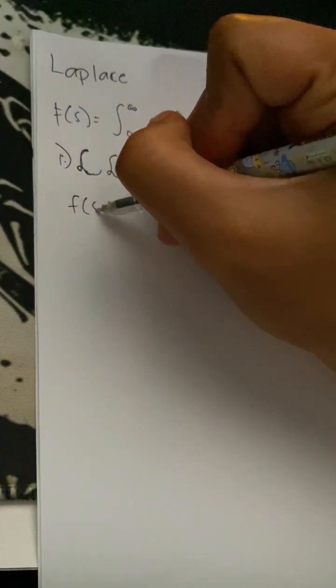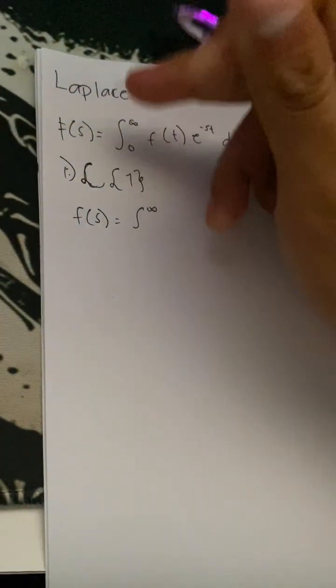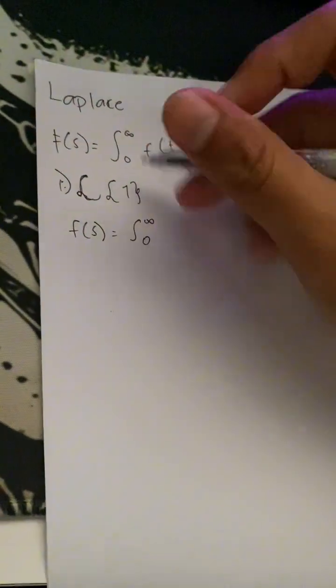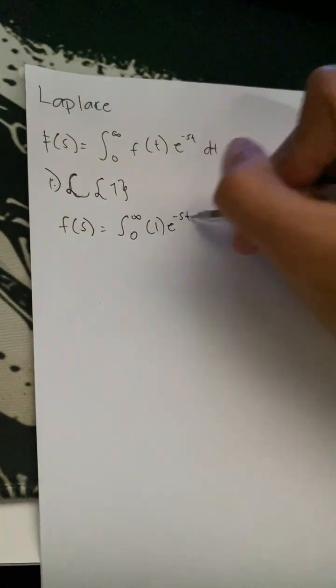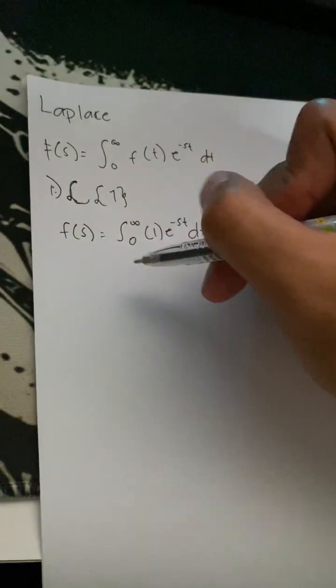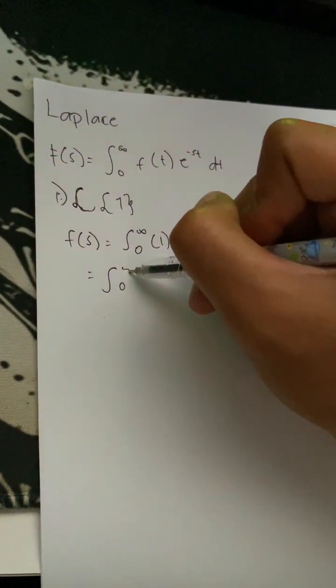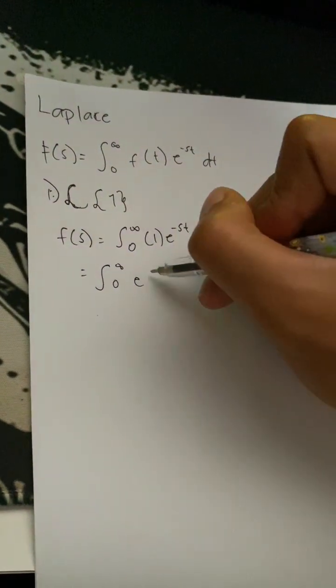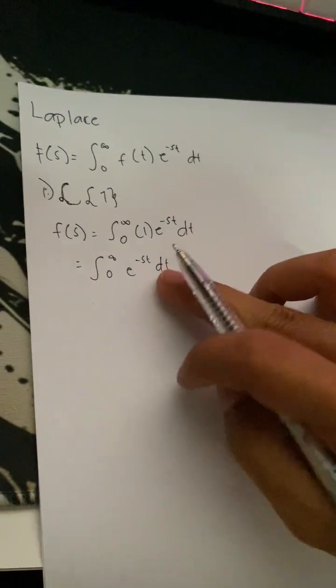F of s is equal to the integral from 0 to infinity of f of t, which is 1 here, times e raised to negative st dt. So simply we evaluate the integral from 0 to infinity of e raised to negative st dt.